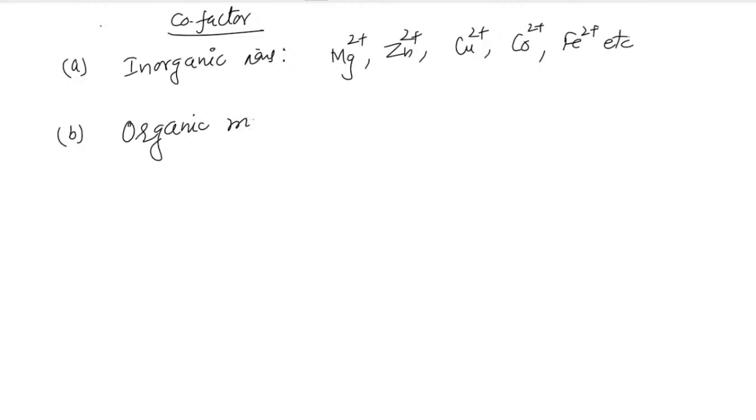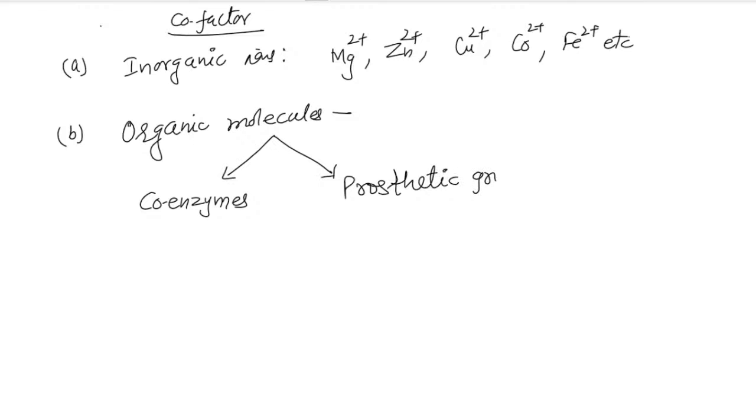Or organic molecules. Organic molecules which act as cofactors are of two types: either coenzymes or prosthetic groups. Coenzymes are actually vitamins.